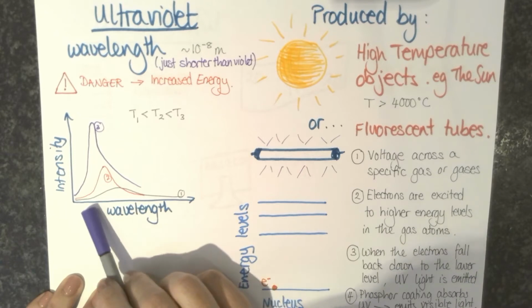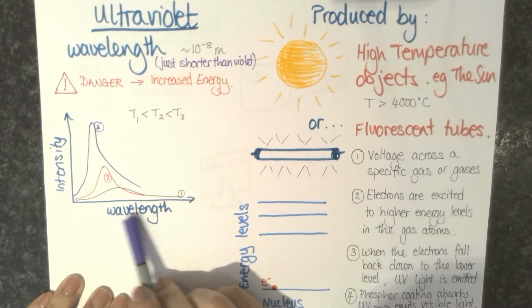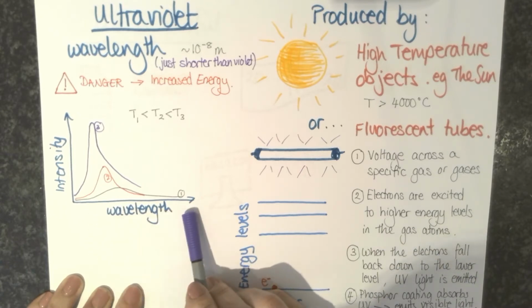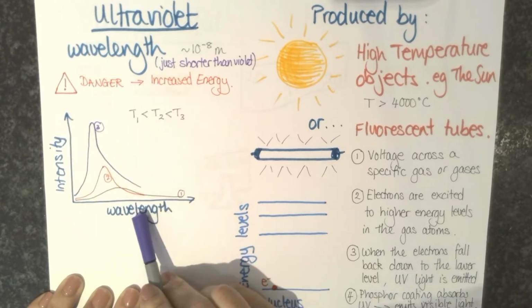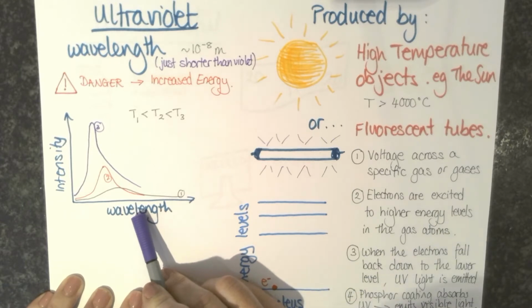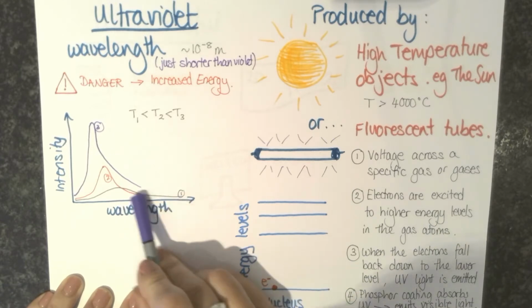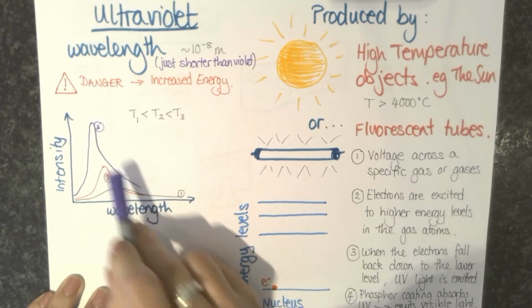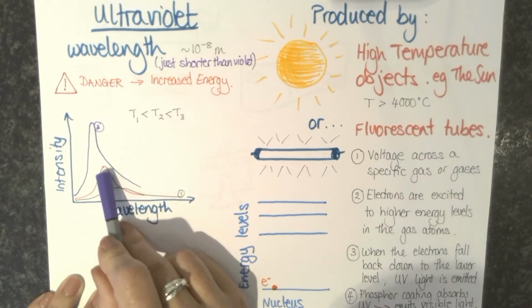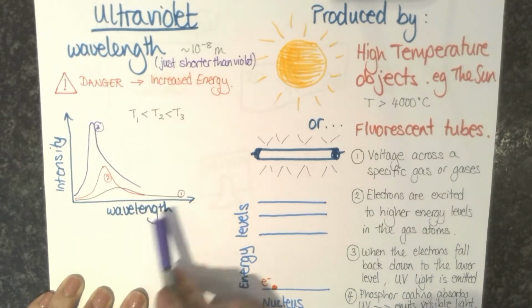If we go back to this chart, a rough chart of the wavelength of the electromagnetic wave that's emitted and the intensity, do you remember seeing that with infrared and blackbody radiation? If we increase the temperature, so T1 is lower than T2 is lower than T3, what you can see is that the peak wavelength decreases and the intensity increases.